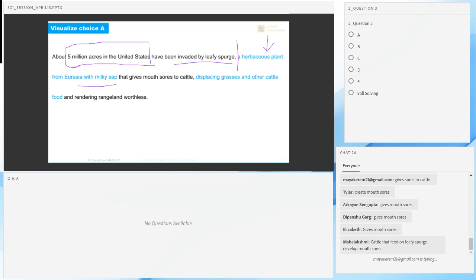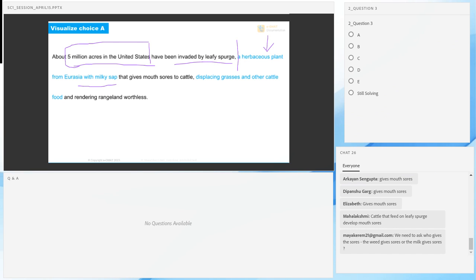So in your mind, you know that, first of all, a huge piece of land has been covered by weed. By the way, this weed, when consumed by cattle, gives mouth sores to cattle, so it's not comfortable for the cattle. Now, we need to ask who gives the sores. The weed gives the sores or the milky sap gives the sores? Very good question.